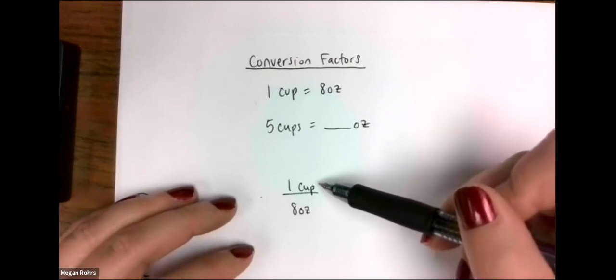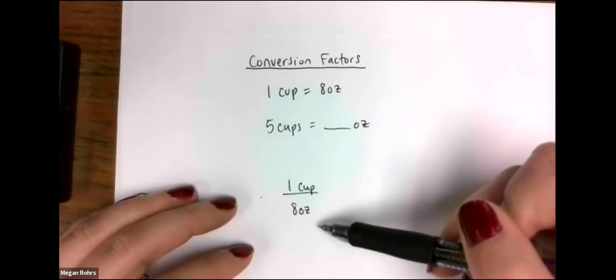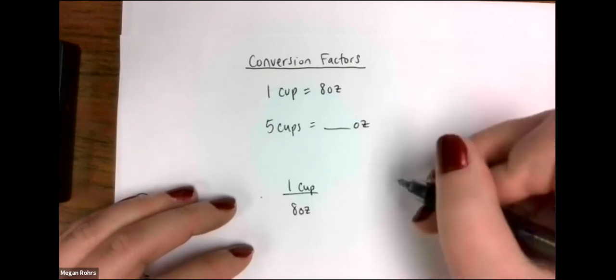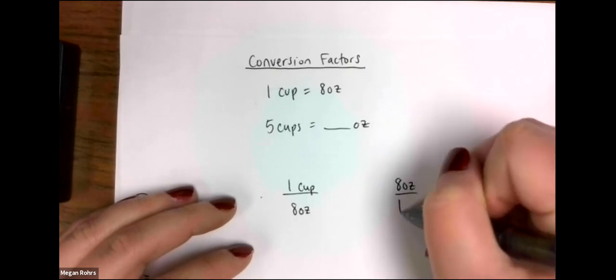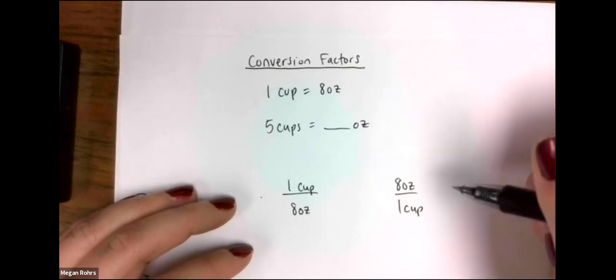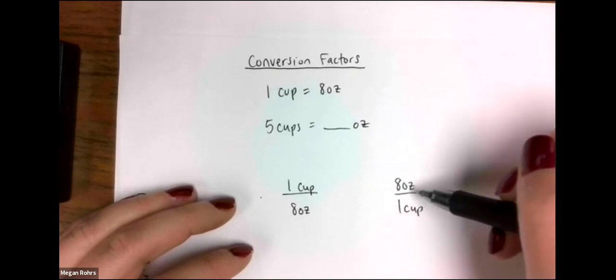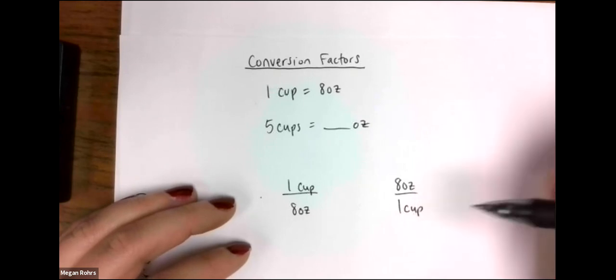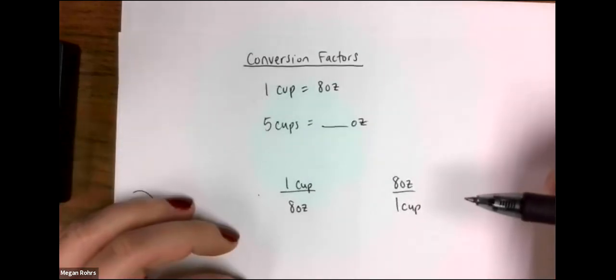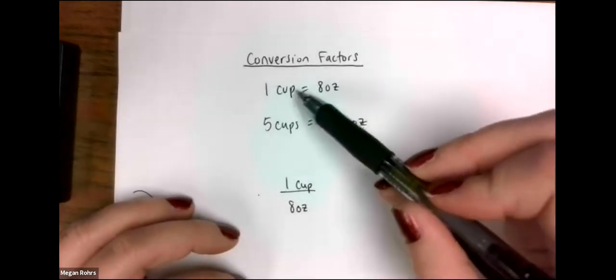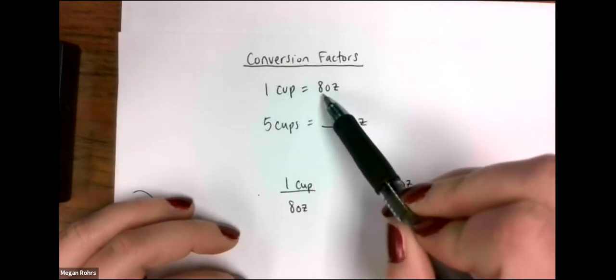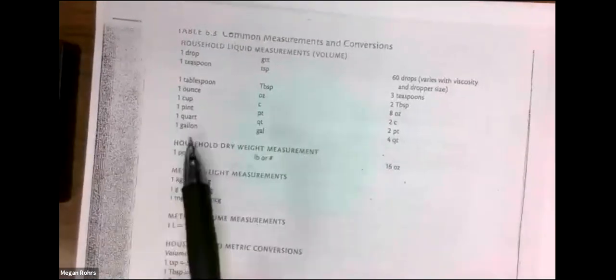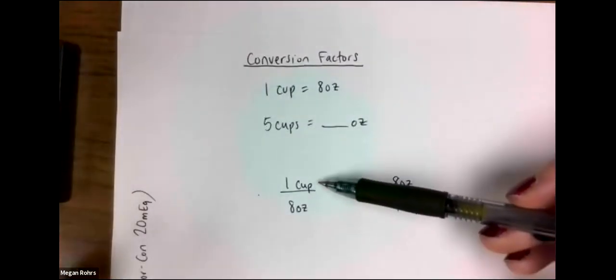So we can either write this as 1 cup over 8 ounces, or we can write this as 8 ounces over 1 cup. Because once again, if we were to take 8 ounces and divide by 1 cup, well, they're equal. So our answer would still just be 1. So these conversion factors that you're always given, anything on these tables here, like 1 gallon is 4 quarts, we could always write them either way.